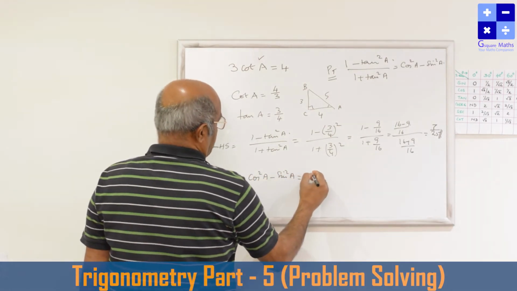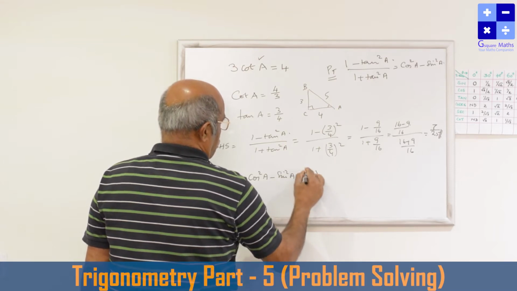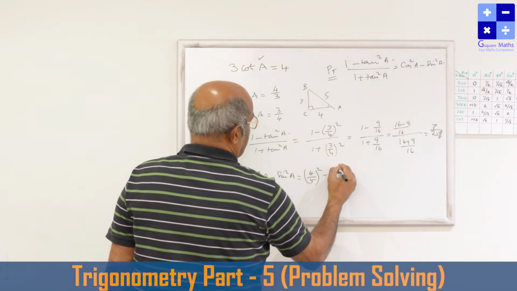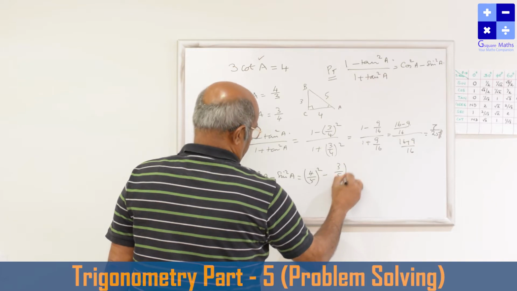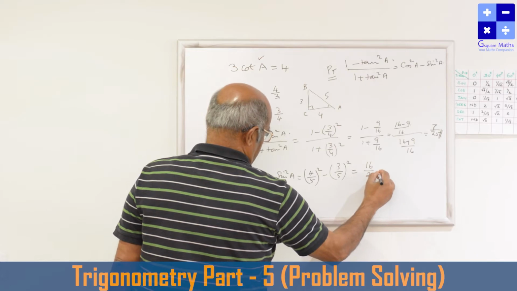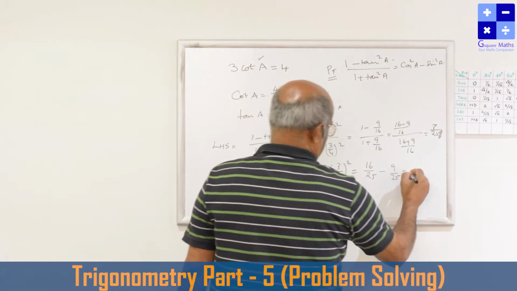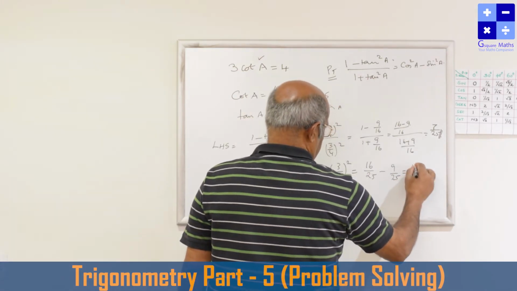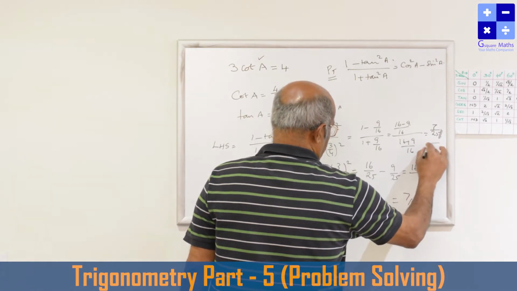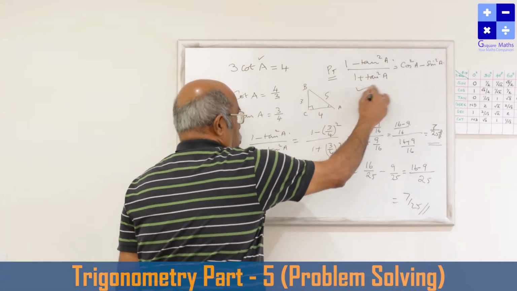Cos square A is equal to adjacent side, that is 4 by 5 whole square. Sin square A is opposite side by hypotenuse, 3 by 5 whole square. That is 16 by 25 minus 9 by 25. Take LCM 25. 16 minus 9, that is equal to 7 by 25. So left hand side is equal to right hand side. Therefore, this is true. We proved that.